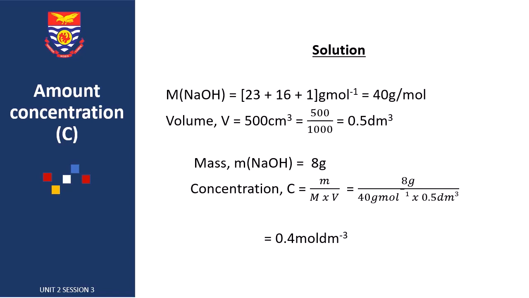But in this case, we just want to do everything straight away. So we choose this relation where we have our mass, our molar mass, and volume. The mass and the molar mass account for the number of moles. The rest is to put in our values, and our answer is 0.4 moles per cubic decimeter.